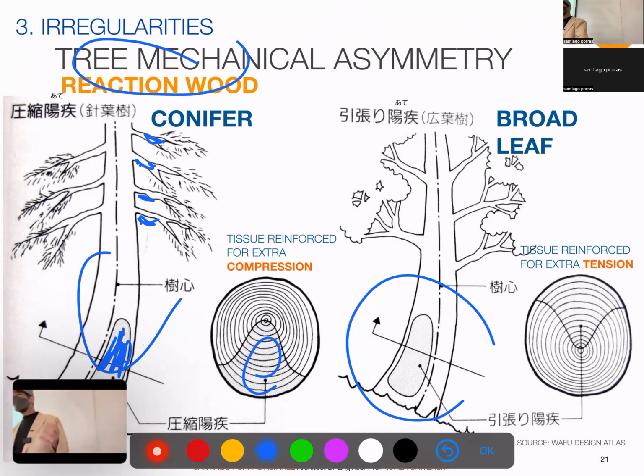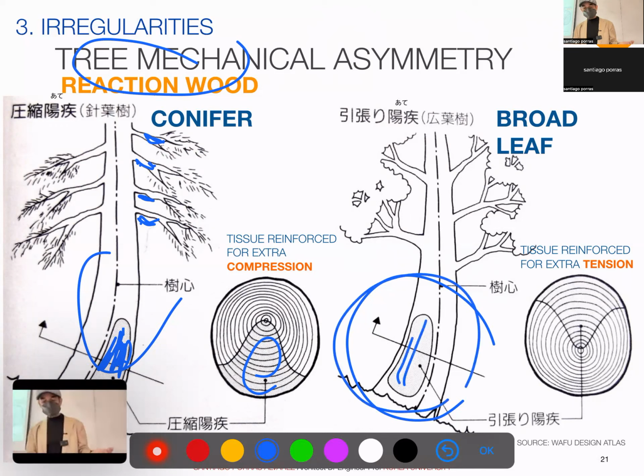Only very big branches are used in construction, usually as lumber, but also if you have a cut branch, you can see what's the top and what's the bottom, right? Because of that reaction wood. The broadleaves react differently. They use a kind of traction wood. They increase the fibers. They are less lignified, so they have more flexibility, but more cellulose fibers to hold the tree.